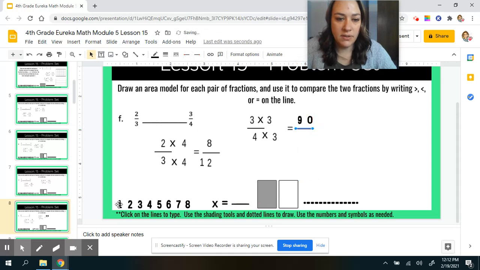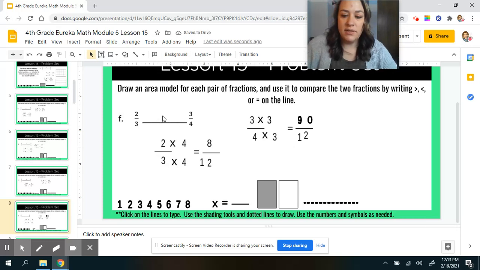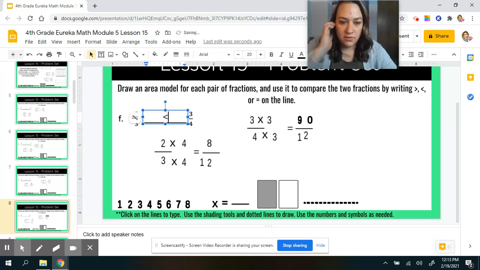Not sure why there's a 0 there. Ignore the 0. 9/12. So 3/4 is a little bit bigger than 2/3. So 3/4 is equivalent to 9/12, not 90. I can't delete that for some reason. And 2/3 is equal to 8/12. So 3/4 is just a little bit larger than 2/3.